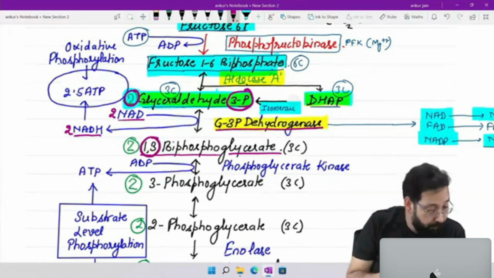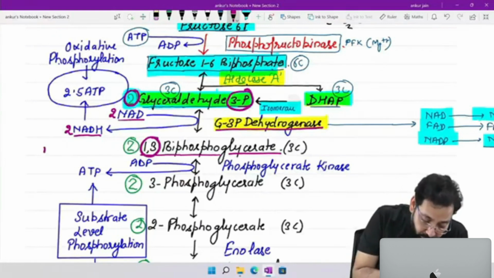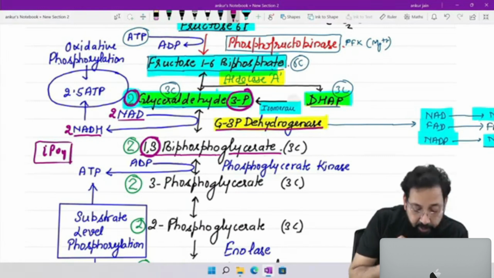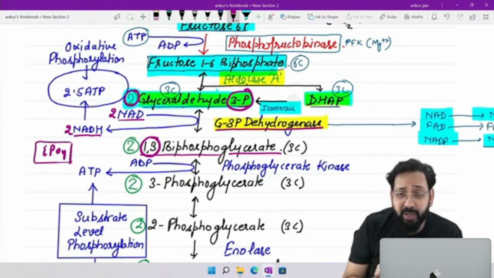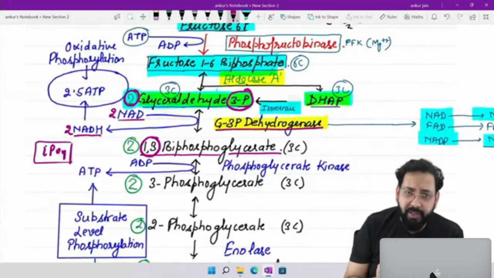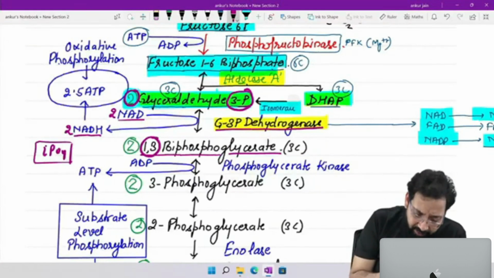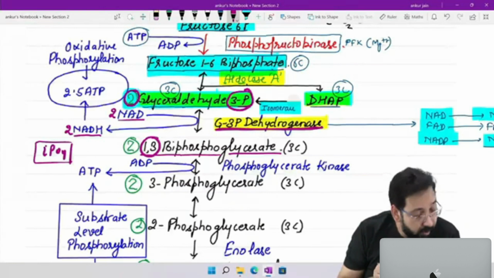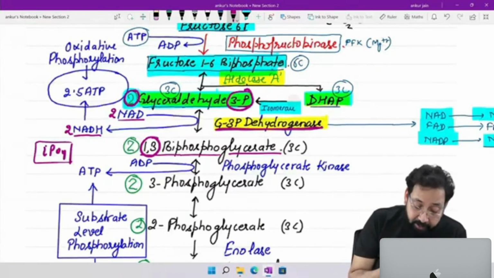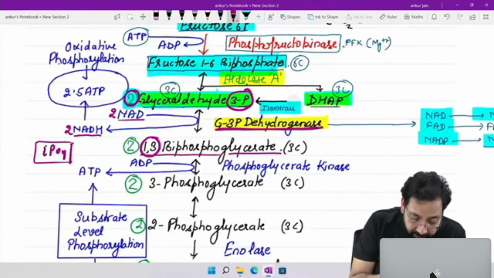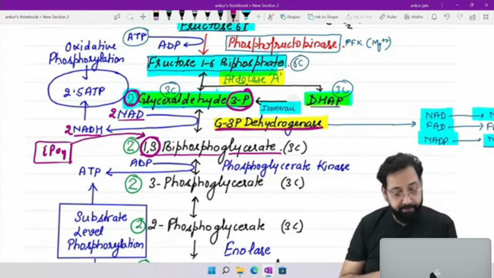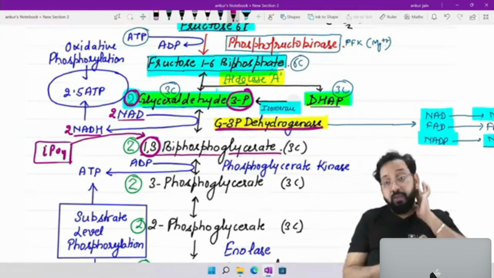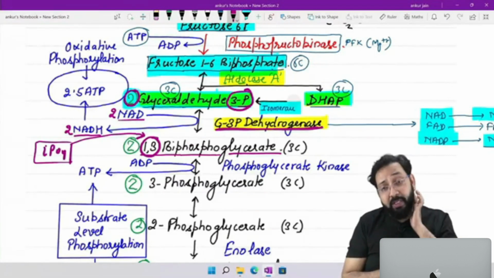So one phosphate comes from inorganic phosphate. This question has been asked in NB. Not a good question, but they have asked where the second phosphate comes from in this reaction. When glyceraldehyde 3-phosphate dehydrogenase is working, it takes one inorganic phosphate and attaches it to the substrate. So out of these two phosphates, one is inorganic phosphate.